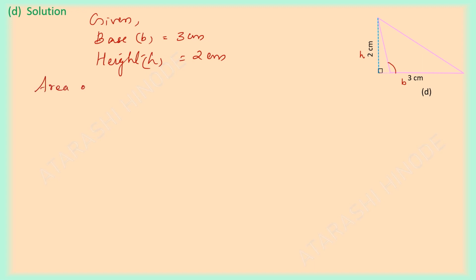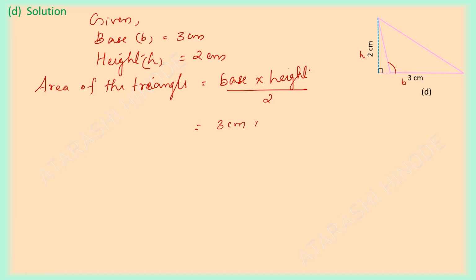Therefore, area of this triangle equal to base into height divided by 2, that is equal to 3 centimeter into 2 centimeter divided by 2. That is equal to 3 2s are 6 centimeter square divided by 2. 6 divided by 2, that is 3 centimeter square. So area of this triangle is 3 centimeter square.